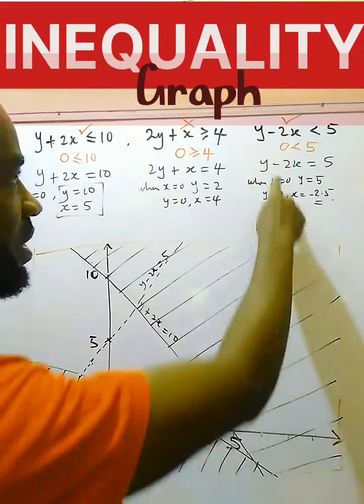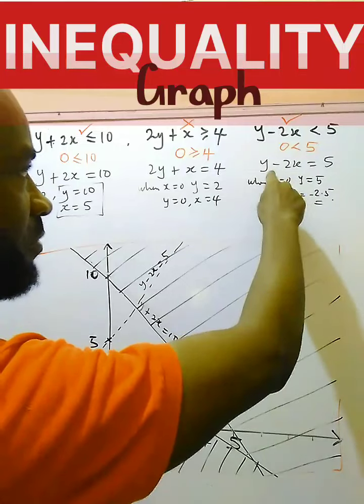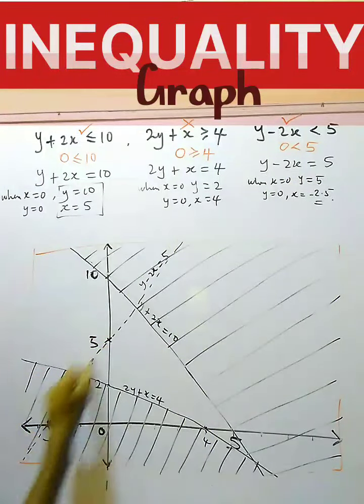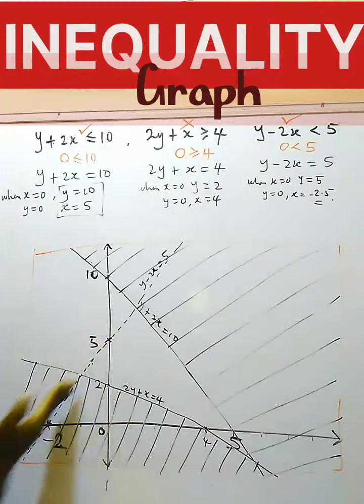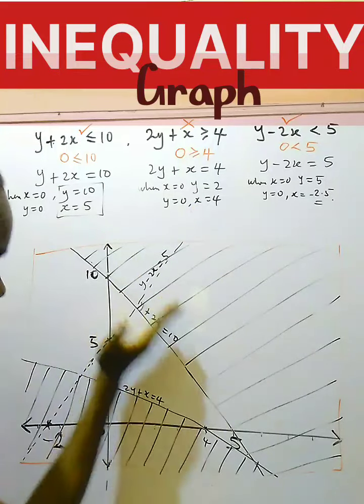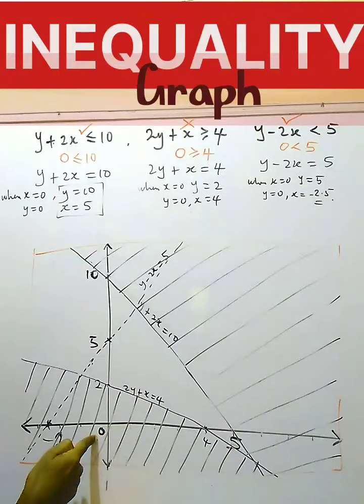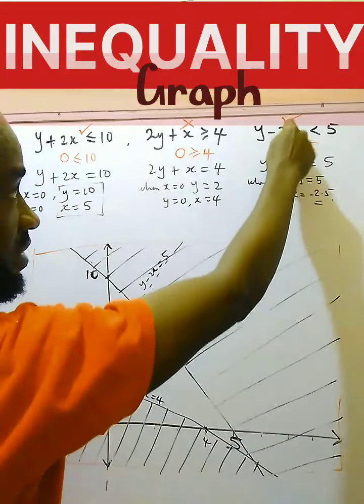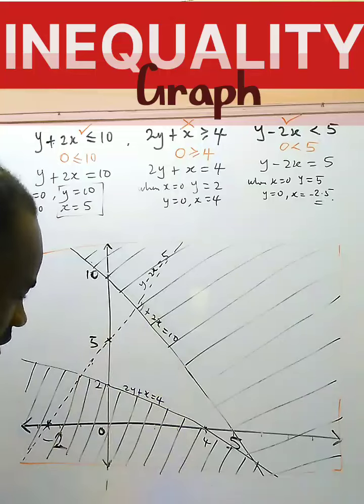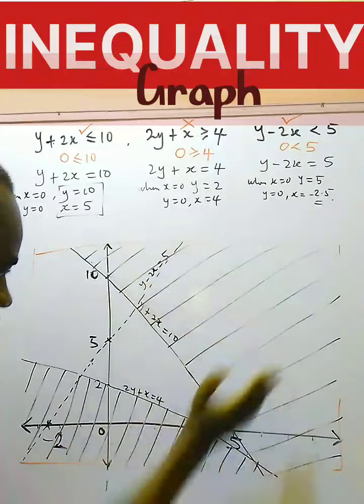Let's go to the last one now, which is the boundary line for y minus 2x. This line divides the graph into this region and this region. This region contains the origin, and this region does not contain the origin. This statement is a valid statement, so the region that contains the origin I will leave unshaded.